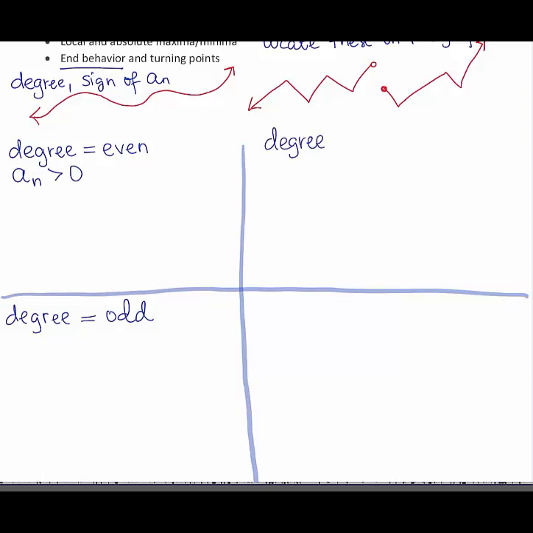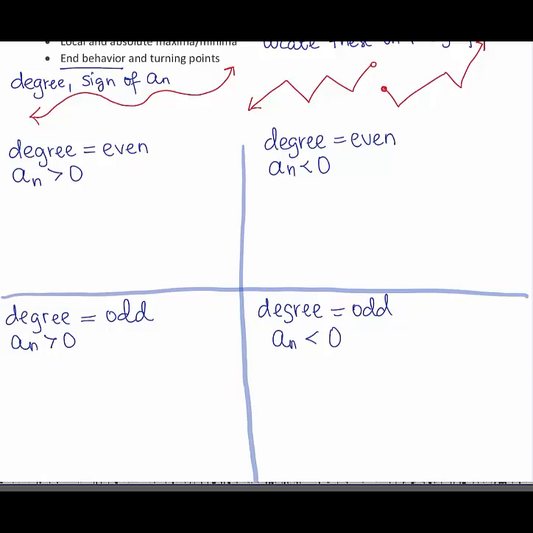And then degree here is even, and we're going to consider negative leading coefficient. And the same over here: odd degree, positive leading coefficient. Odd degree, negative leading coefficient. If you have those two characteristics, that's every possibility that we can discuss.